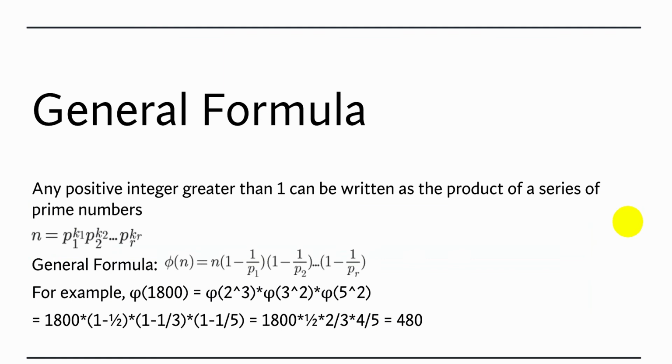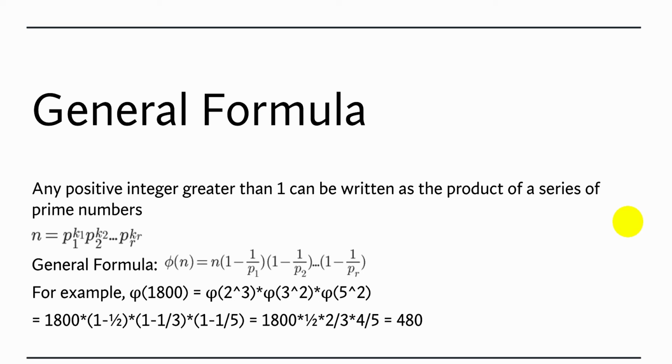Apart from all of the different situations, there's also a general formula we can use. Any positive integer greater than 1 can be written as the product of a series of prime powers: p1^k1 times p2^k2 all the way to pr^kr.